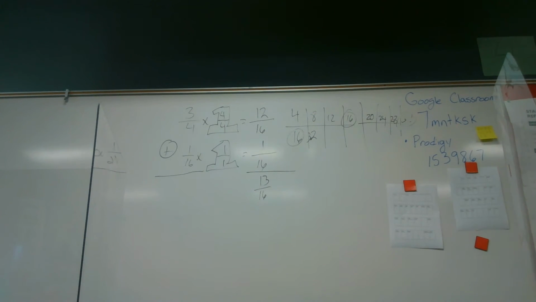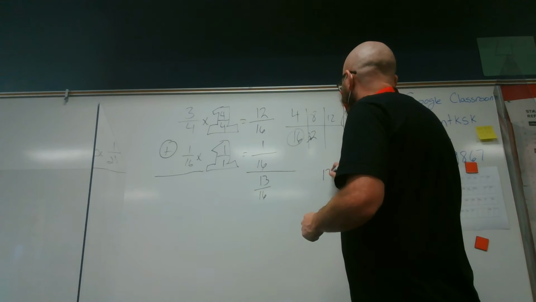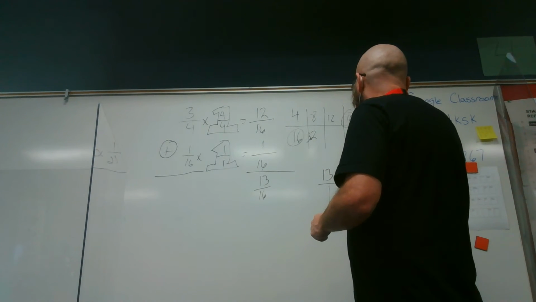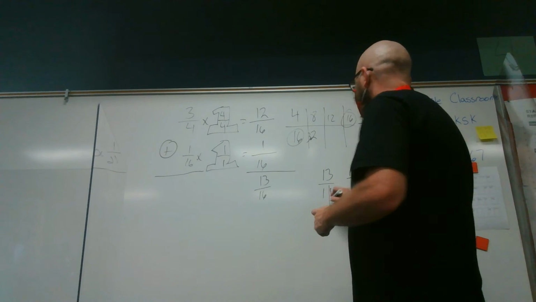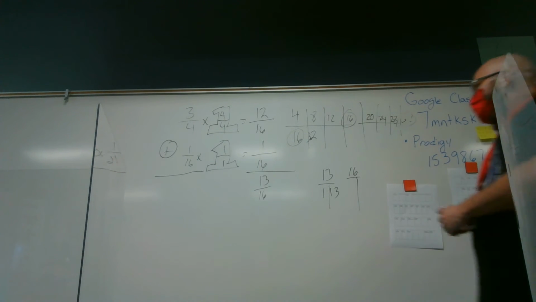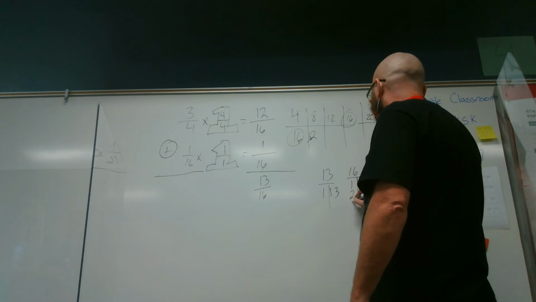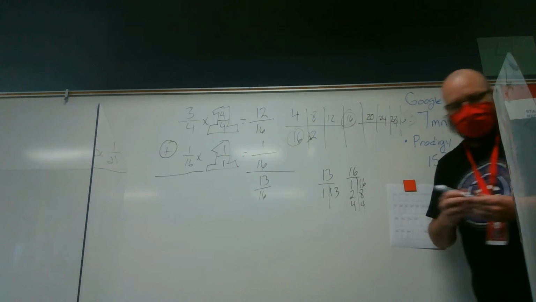But I want to make sure I can't put that in a simpler form. So I'm going to list my factors of 13 and my factors of 16. 13 is prime, so 1 times 13. That's it, just two factors since it's prime, Layla. 16 is 1 times 16, 2 times 8, 4 times 4.